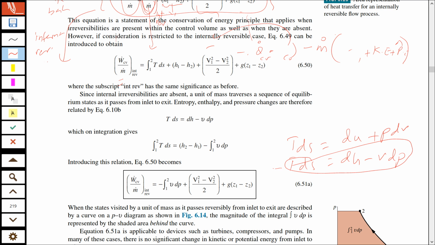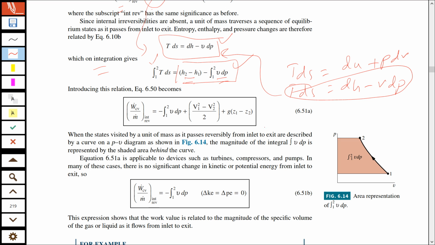So if you take this second case and you take that as a starting point, integrate both sides, you will get the change in enthalpy, integral of specific volume over pressure, and you can now replace this integral. Now this integral was a consequence of internally reversible process, and then you simplify this integral with this expression, because you want to write an equation which has no entropy in it. We want to express entropy in terms of other variables.